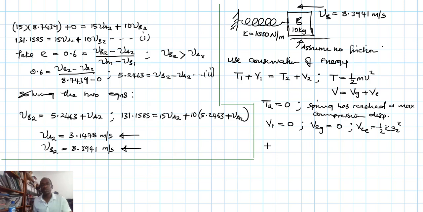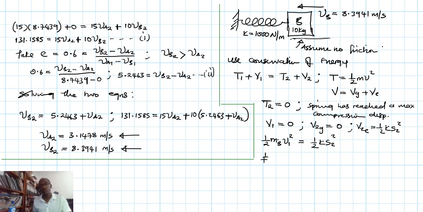So let's write this. We have half m_B v1 squared, okay, and this is just going to be equal to half k s squared.